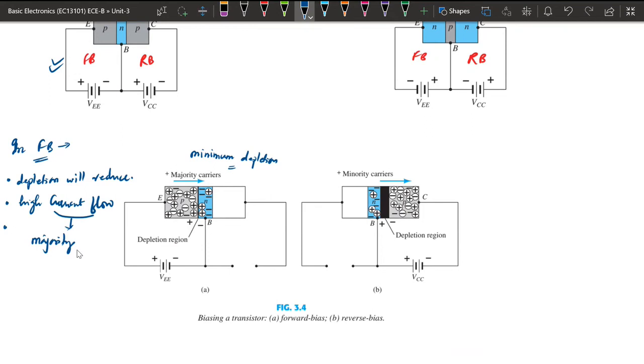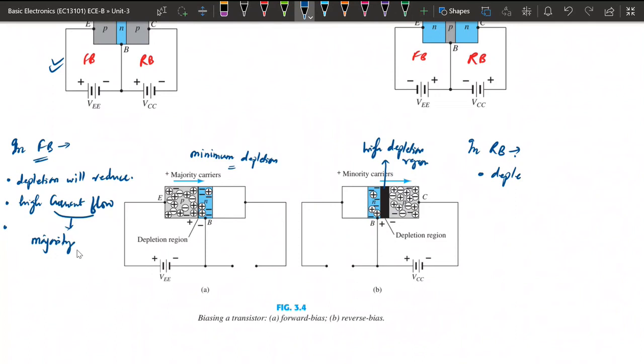Similarly, in case of reverse bias, we can see in terms of depletion region, it is high. Okay. So depletion region has increased. So depletion region width is going to increase in case of reverse bias.